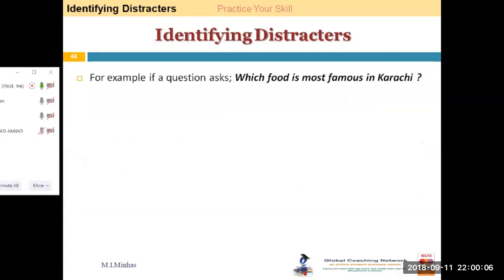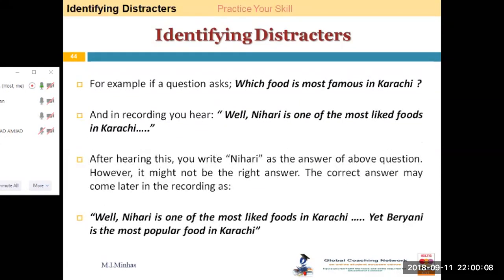What does it mean? I'll give you some examples. For example, if a question asks you, which food is the most famous food in Karachi, or let's say in Islamabad, or in Pakistan, or in Somalia?